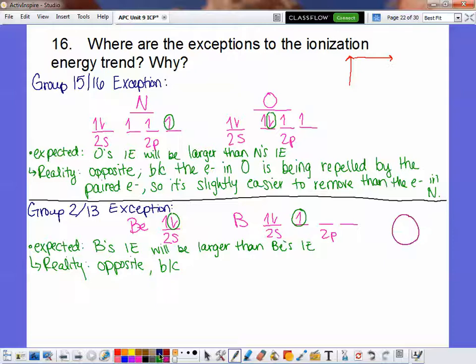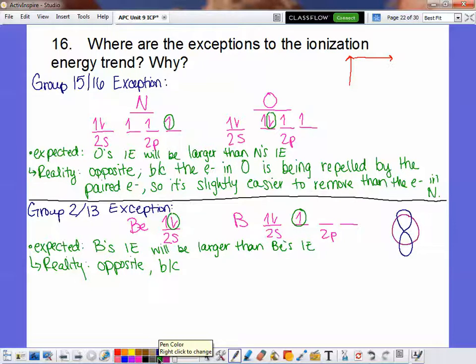I'm only going to draw one of them because it makes a little more sense. Remember, that has a dumbbell shape. So there will be times when that electron is out here, which is farther away from the nucleus than that s orbital. Not all the time, but there will be times when it is. That's what makes it easier to remove.